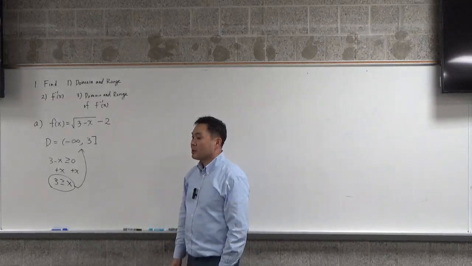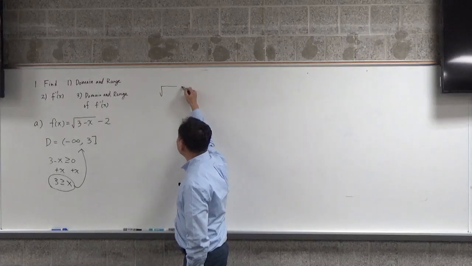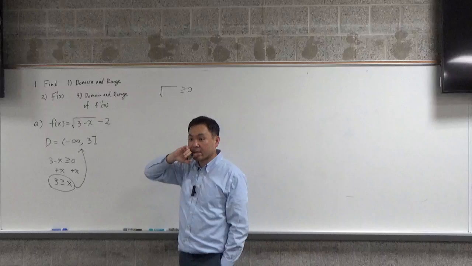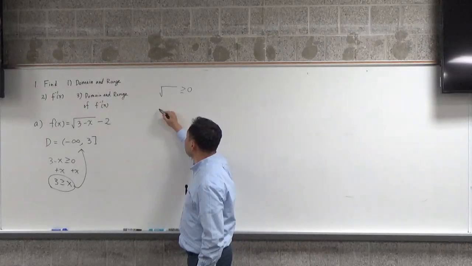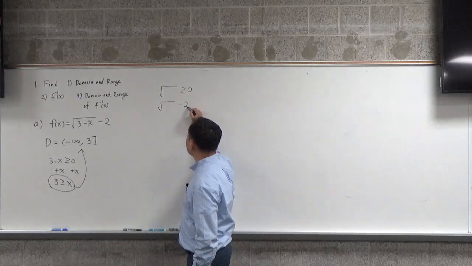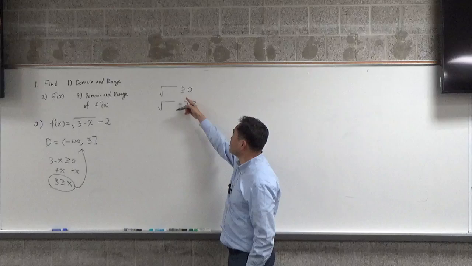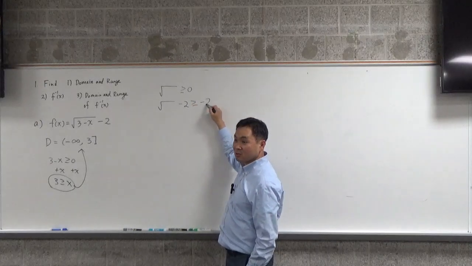All right. Now, what about the range? Well, we know that square root is always 0 or positive, right? Square roots can never produce a negative number. So that means square root minus 2 will be bigger or equal to... you subtract 2 both sides, and what do you get on this side? 0 minus 2.